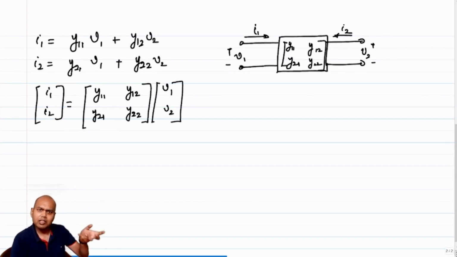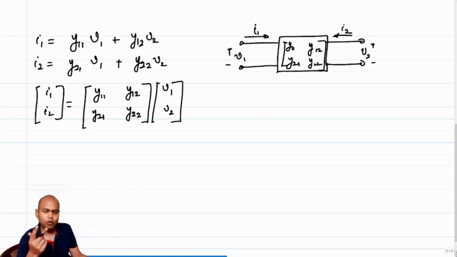We said that we will perturb the system by a small amount, and as long as the perturbation is small, the relationship between the currents and the voltages remains linear. And in case of a two-port network, I have two voltage variables and two current variables, right? So which means that I should be able to relate them with a set of linear equations, and that's what we have done, right?